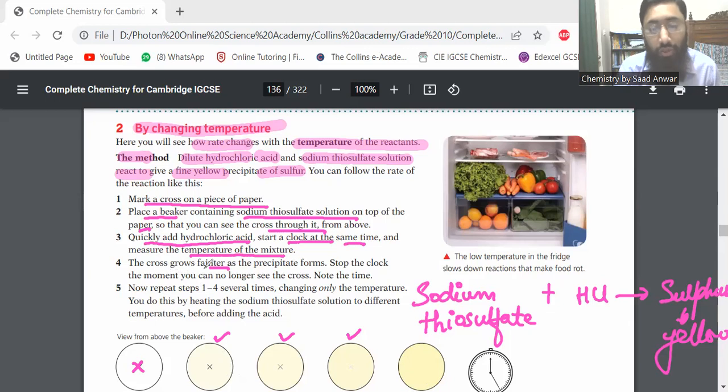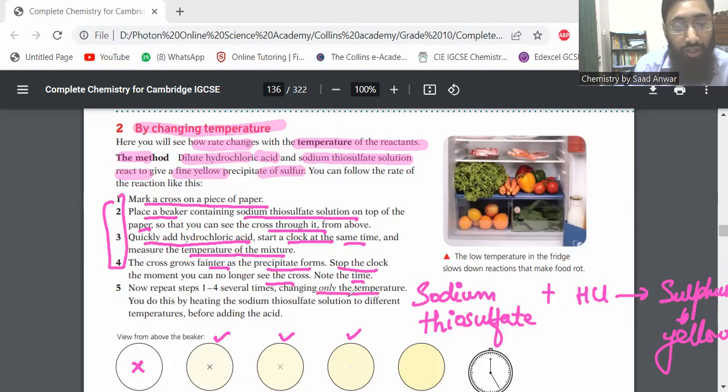Stop the clock the moment you can no longer see the cross. Note the time.